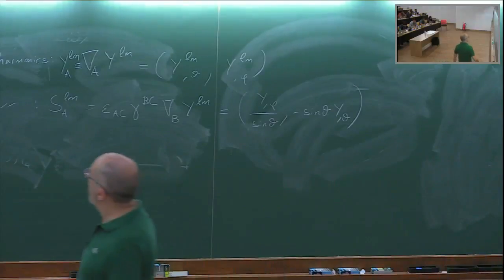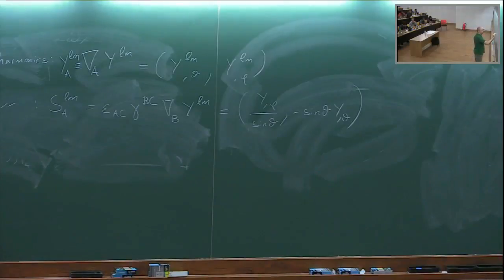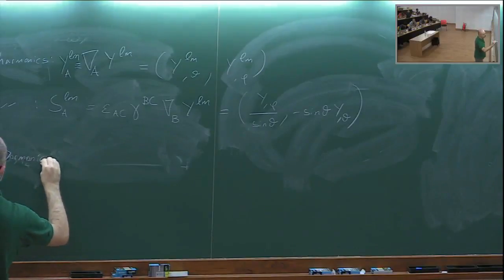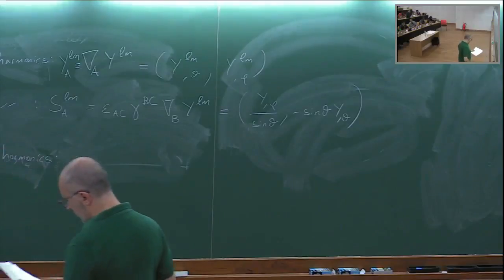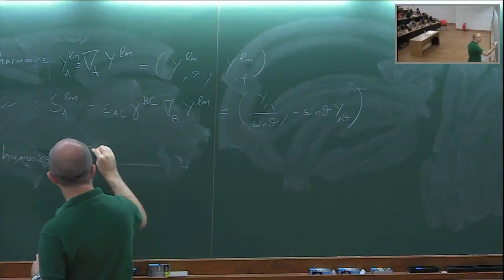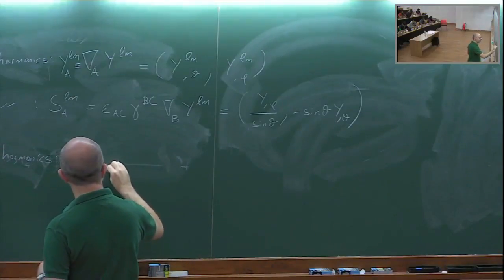Then I can introduce polar tensor harmonics in this way. I introduce something that I call Z_AB^LM.